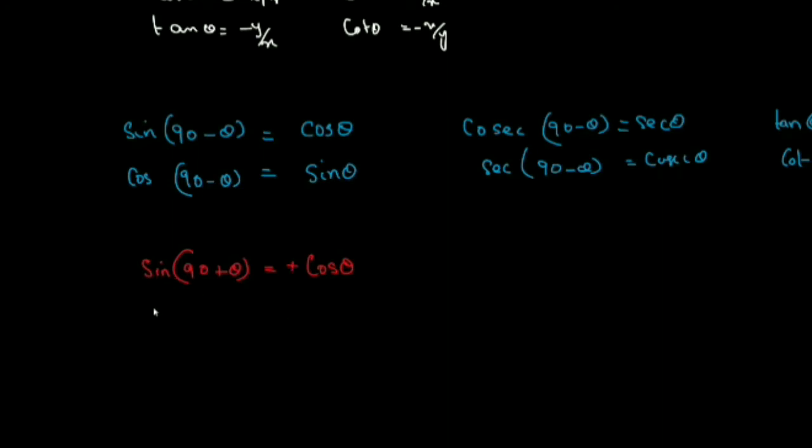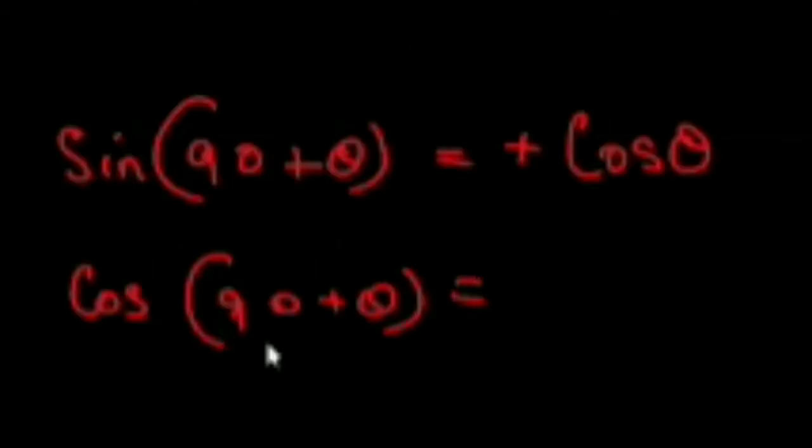Now I want to write cos 90 plus theta. First, 90 means immediately cos should be converted to its complementary ratio. What is the complementary ratio of cos? Sine. That you should know. Sine is cos, cos is sine. First step is that you write the complementary ratio.